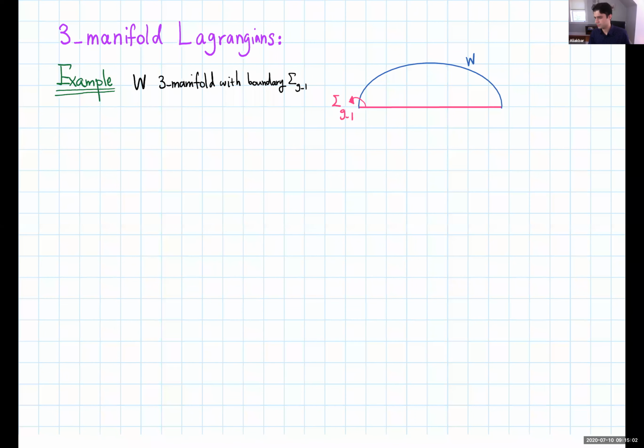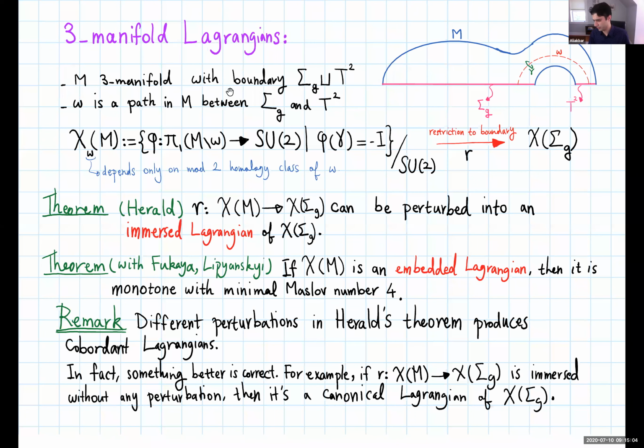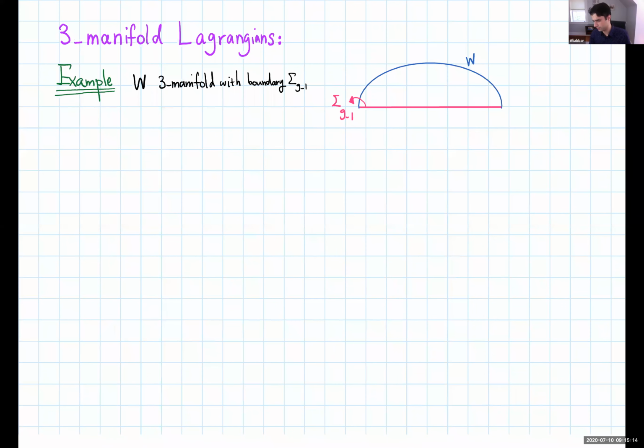All right, so here we defined 3-manifold Lagrangians. I'm going to first look at some special instances of these Lagrangians, and then I'm going to talk about some generalization. Ideally we would like to get Lagrangians from manifolds with one boundary component. Let's say that you have some 3-manifold with boundary component of genus one less, sigma g minus 1.